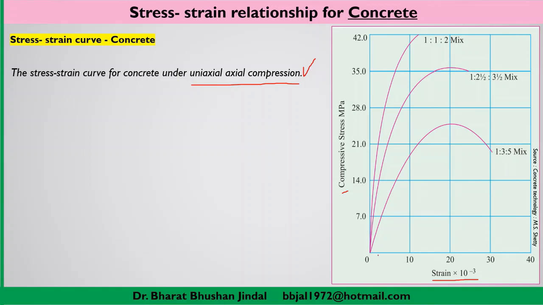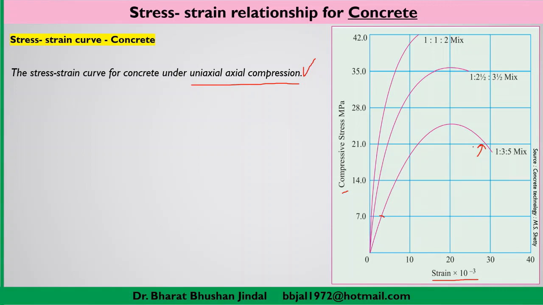Now you can see this graph number 1. In this graph number 1, you can observe the behavior of the curve: some part of the curve is just like a straight line, that is a linear relationship, and after that you will observe a curve.